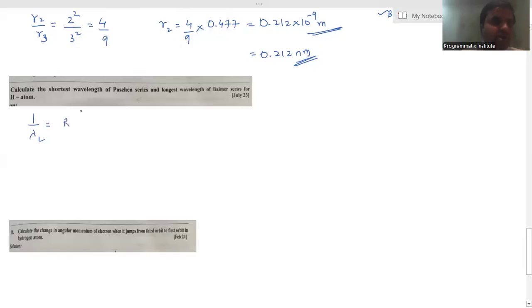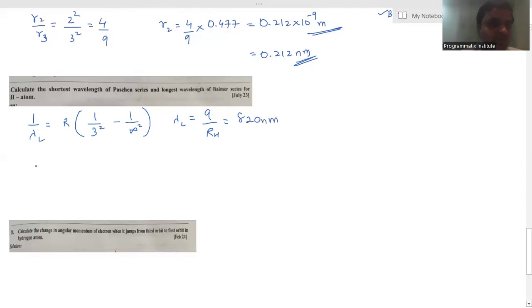So 1 upon lambda will be R. Paschen series means third orbit, and shortest wavelength means from infinity. So the shortcut, if you remember, is 9 by RH. Obviously you can substitute the value for RH, 1.097 into 10 raised to 7, and the final answer that you get over here is 820 nanometer.